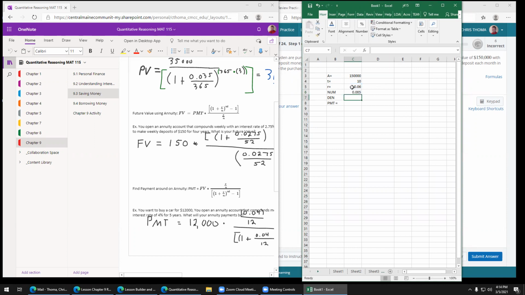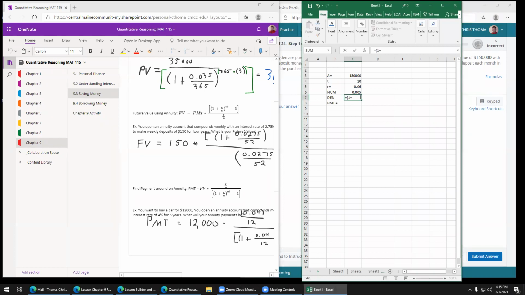And our denominator has a lot going on. I don't need double parentheses. I am going to do 1 plus the rate. That's why it's not working. Helps if I put an equal sign in there.